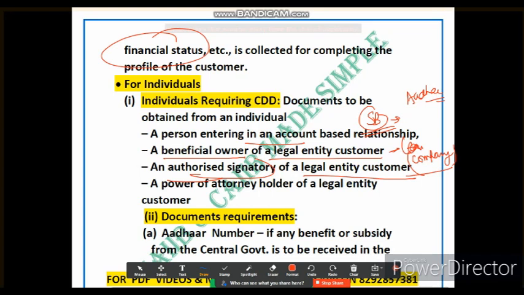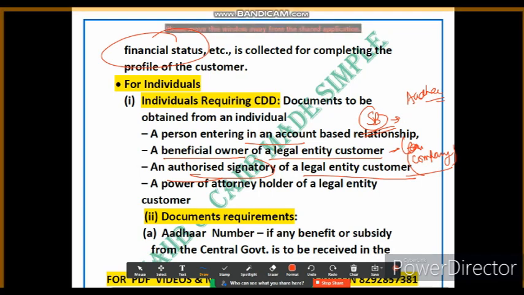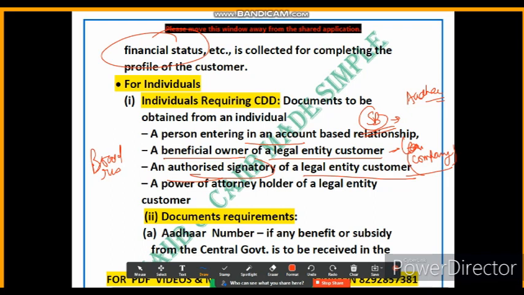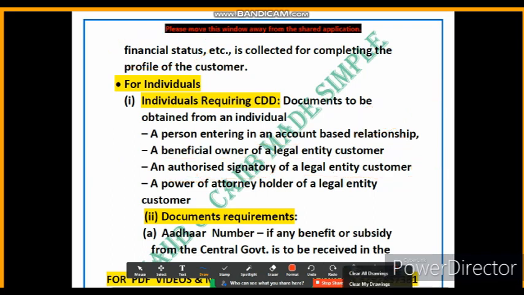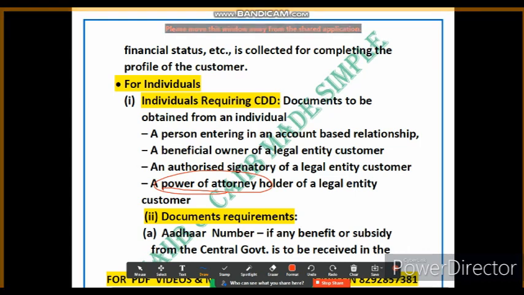And the last point, if the individual is a power of attorney holder, in that case the bank will require the relevant power of attorney document that grants them the authority to act on behalf of the entity.